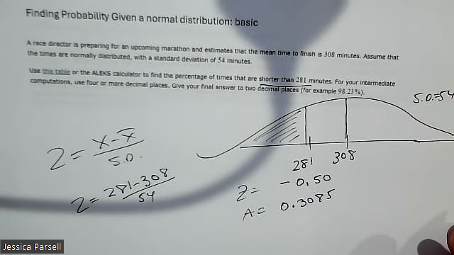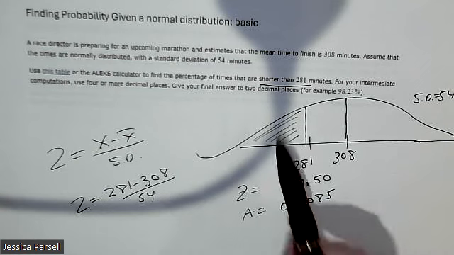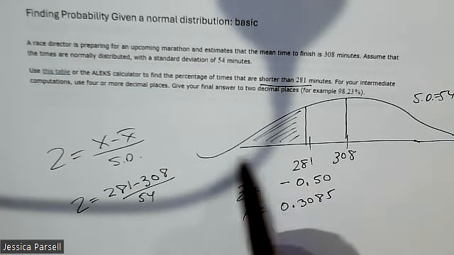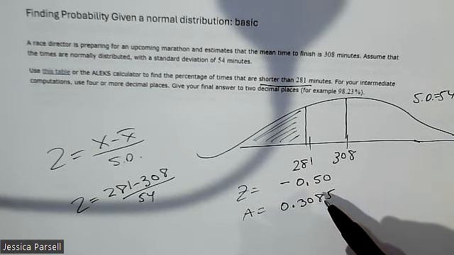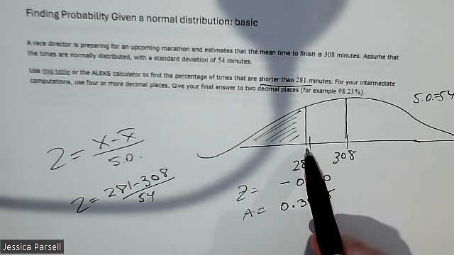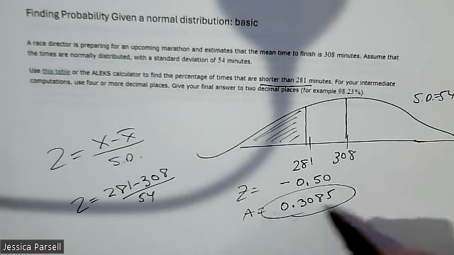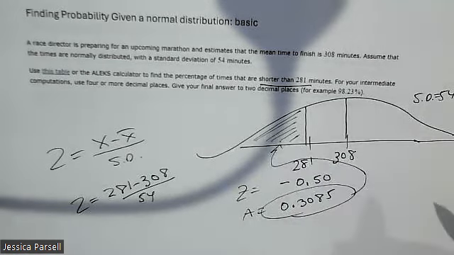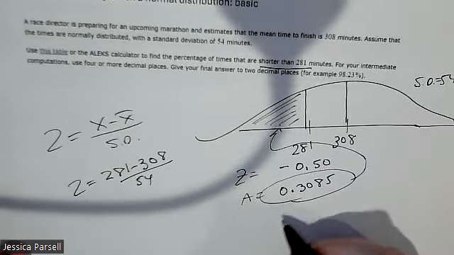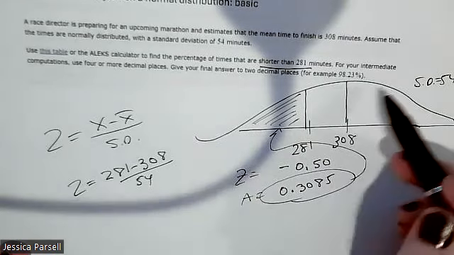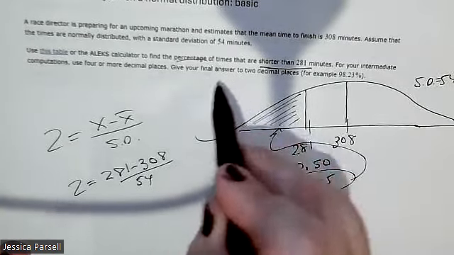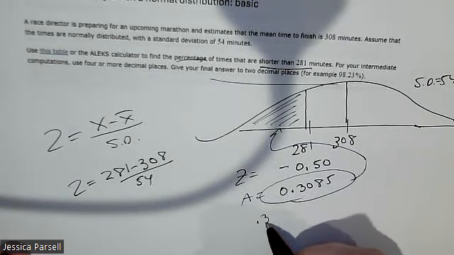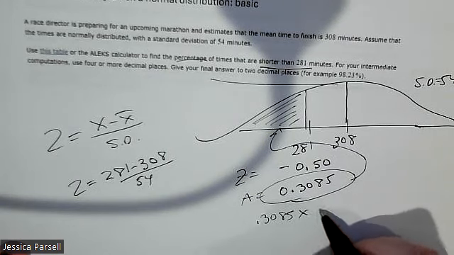Okay, so this one's kind of like a nice tasty treat because we don't have to do any subtracting, right? Because they're asking for shorter than, which means less than 281. And we know area under the curve using that table always gives you area from the left to the z-score. Well, I know that 0.3085 is that piece right there. So all we have to do to be able to put this in percentage and round to 2 decimal places is just multiply by 100.